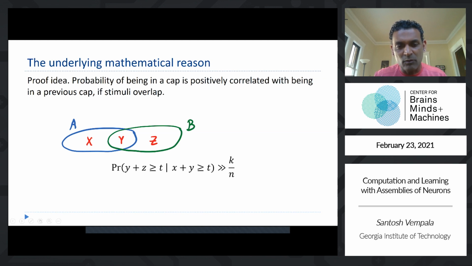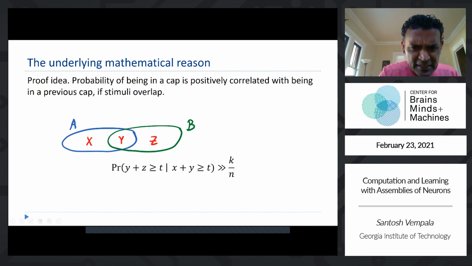That means that the input you got from A put you over some threshold. Let's say the top k needed to be higher than some threshold. The threshold is whatever was the value of the kth highest input. So you know that the total input you got from A, which I'm thinking of as x plus y. x is the input from just A, y is the input from the intersection, and z from here.